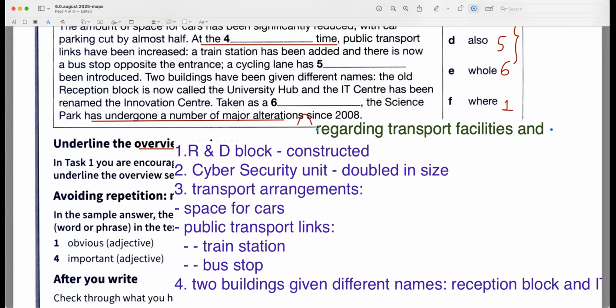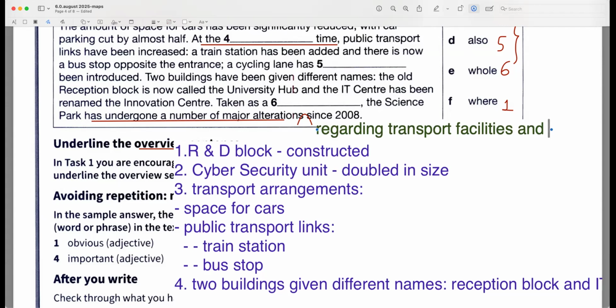Any idea, Me? Ôi em không hiểu cô ạ. Dạ thì tất cả đây mình có thêm cái mới đấy chị, research and development block. Dạ.